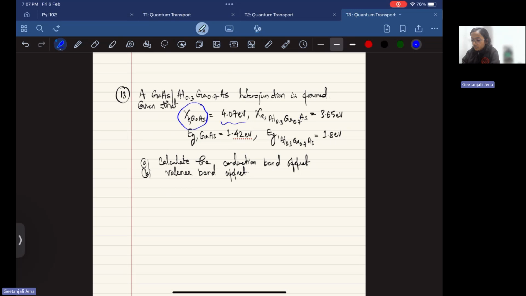Electron affinity of aluminum gallium arsenide is 3.65, and the band gap of gallium arsenide is 1.42. Band gap of aluminum gallium arsenide is 1.8 electron volt. Using this information, you need to calculate the conduction band offset and the valence band offset. So let me give you some time, calculate it first, then we'll go through the solution.